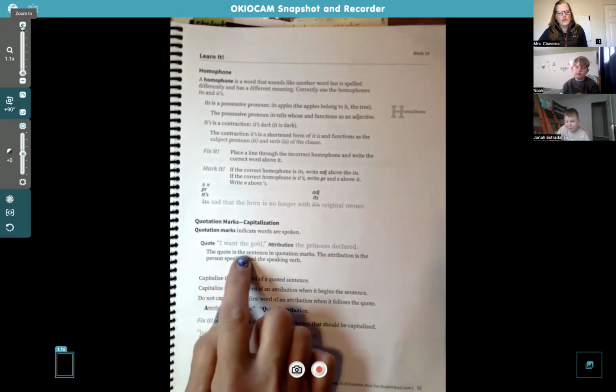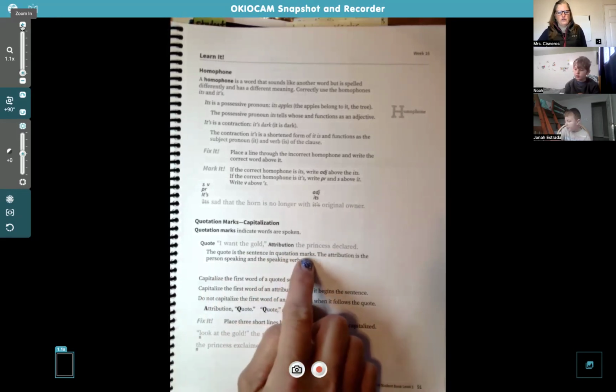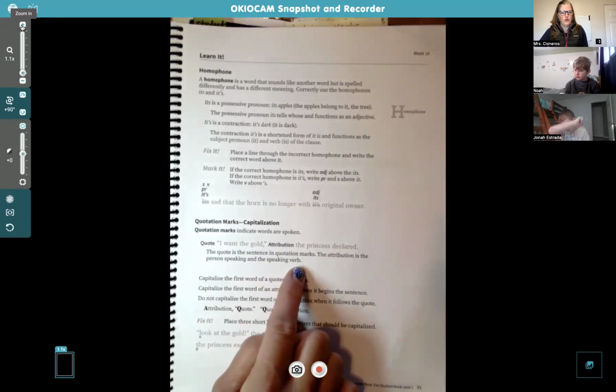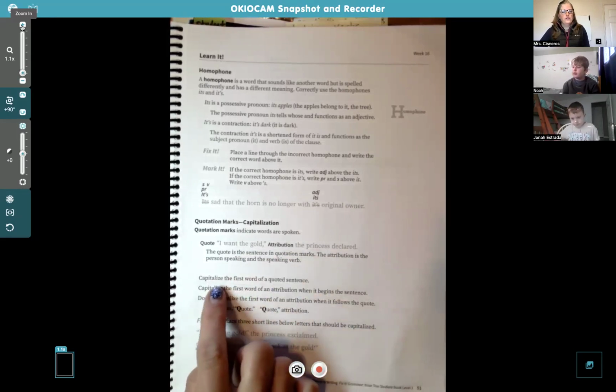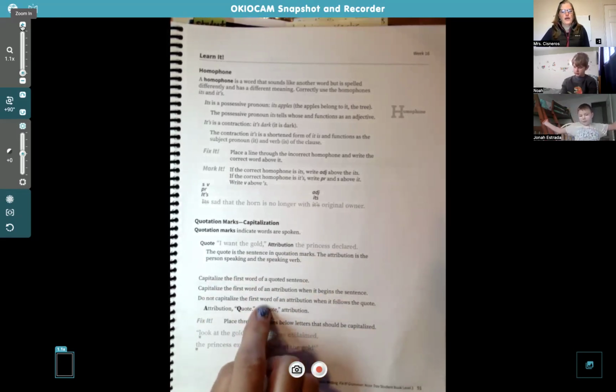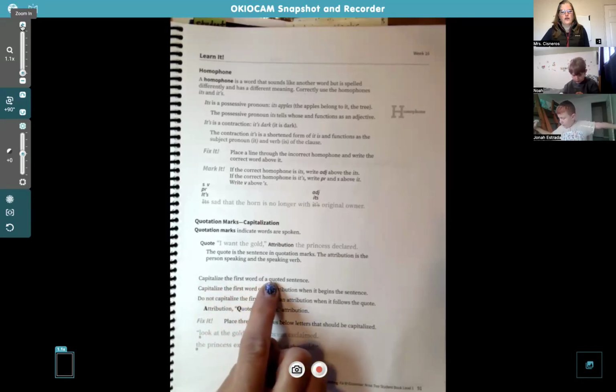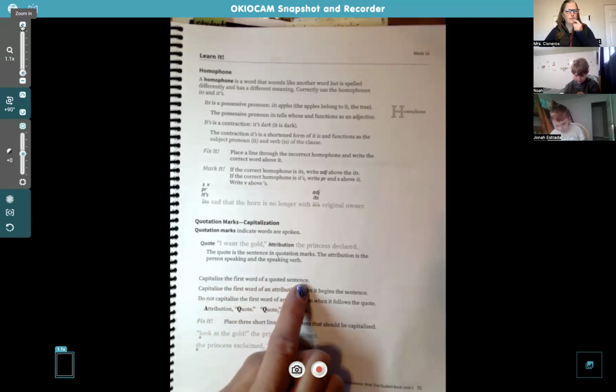Okay, so the quote is the sentence in quotation marks. The attribution is the person speaking and the speaking verb, just like we talked about. So here's some rules about capitalizing. It says capitalize the first word of a quoted sentence. So whenever somebody's talking, that first word needs a capital, just like a regular sentence.